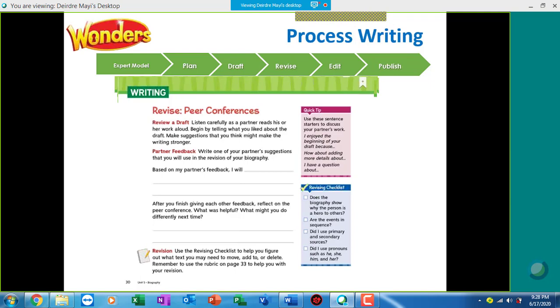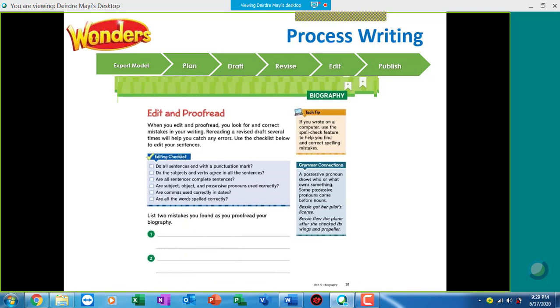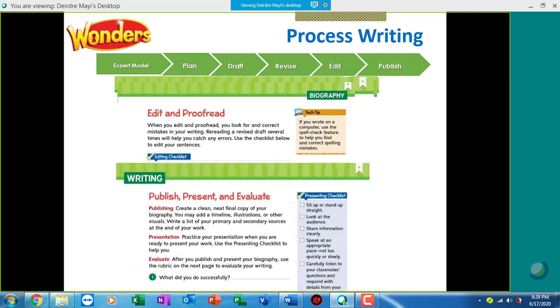So peer conferences actually can work very nicely because students are learning how to be kind but firm with each other, how to give good feedback. There are various checklists that are available along the way also. Students will edit and proofread and again make those nice connections to the grammar.